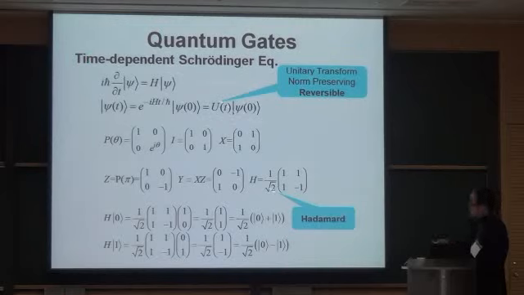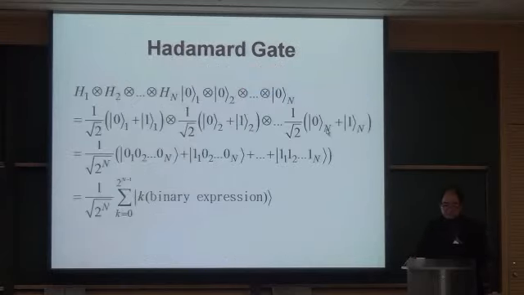And because this one works on bits, here is a very interesting one, Hadamard, and this one changes the 0 to this 0 plus 1 superposition, and 1 to 0 minus 1 superposition. And this is the simplest discrete Fourier transform. So I'm going to generalize this with a qudit.